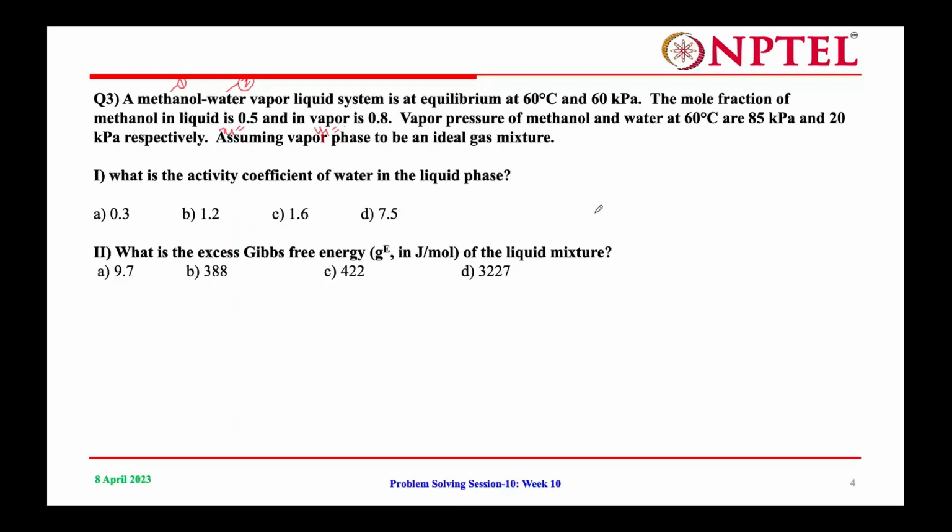So as per water, similar relation, the equation used is y_i P = gamma_i x_i P_i sat. So for water, we can write y_w P = gamma_w x_w P_w sat. Right.